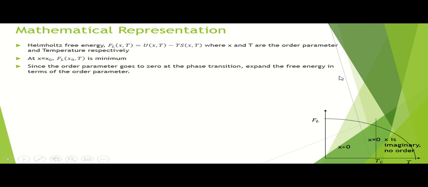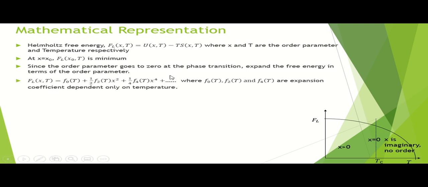So we can expand the free energy in terms of this order parameter just like this. Here you have this F0, which simply depends on temperature, and then you have this term which depends on temperature and the order parameter x. Similarly, the third term is 1/4 F4, which is again a function of temperature, and then you have x, the order parameter.